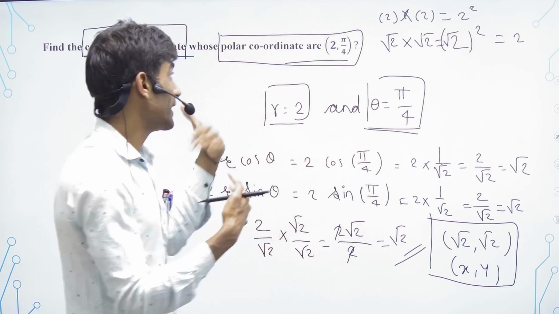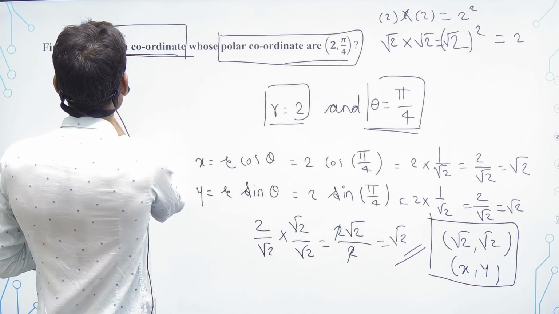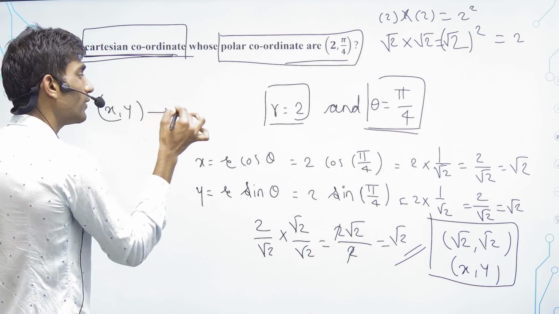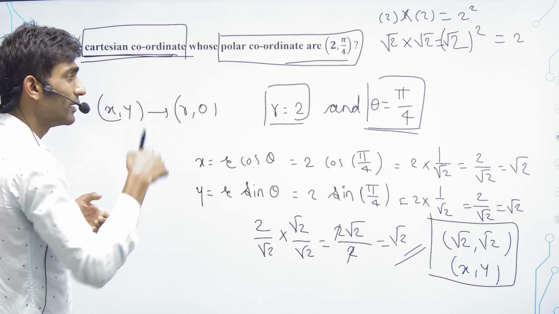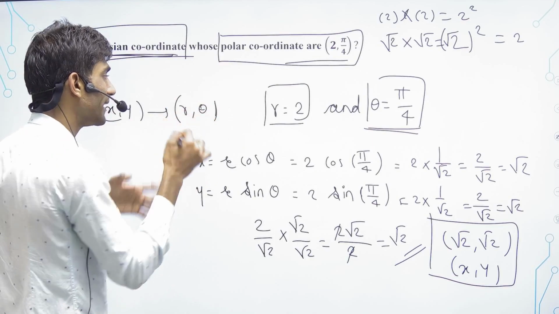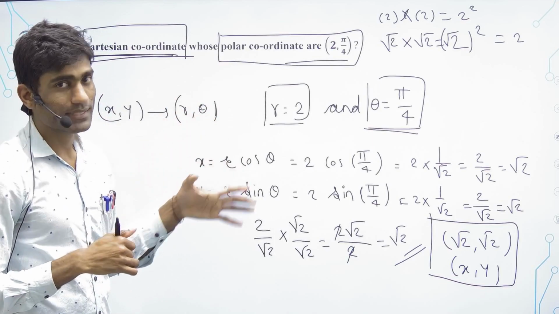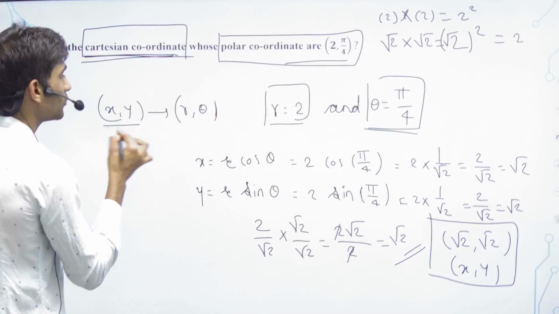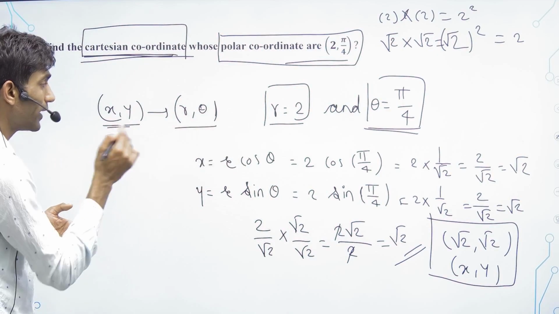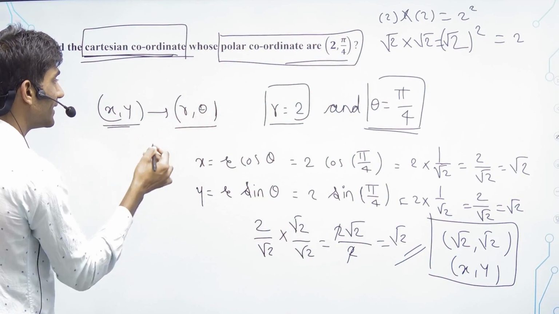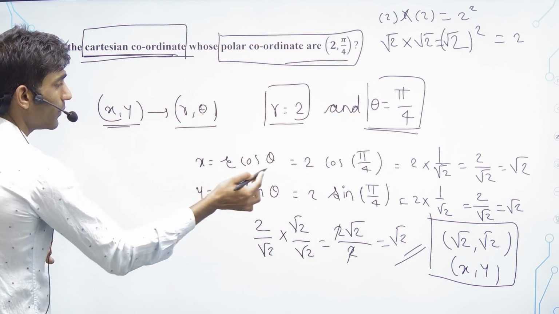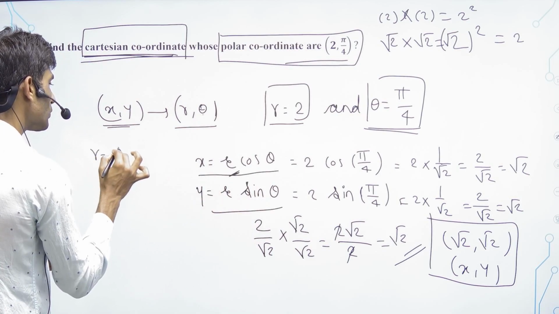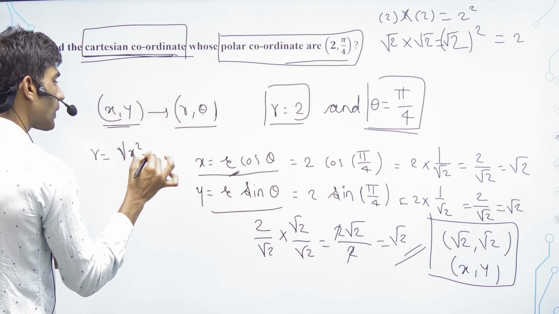Similarly, vice versa, if you are given the Cartesian coordinate, that means the value for x and y, and you want the value for r and theta, I'm not going to use any example here to explain this topic. You have to understand it by yourself. If you have x, y, and you want r and theta, you need to find the radius and theta. For finding the value of theta, we use this result, but for finding the radius, we use the square root of x square plus y square.